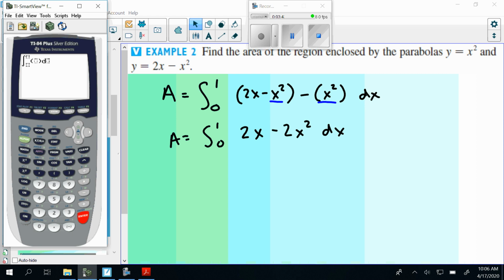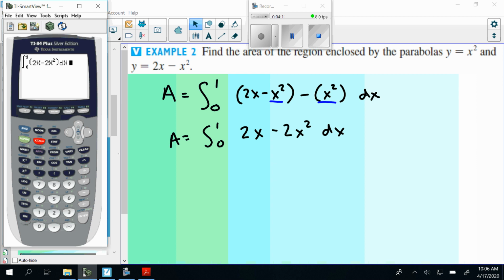Now you want to enter both of those limits, so enter 0 and enter 1. Hit your right arrow button, and now type in the function that we're integrating, 2x minus 2x squared. Then hit your right arrow button one more time, and we put an x because we want to integrate in terms of x, so we want dx.